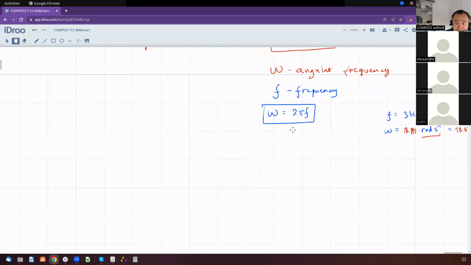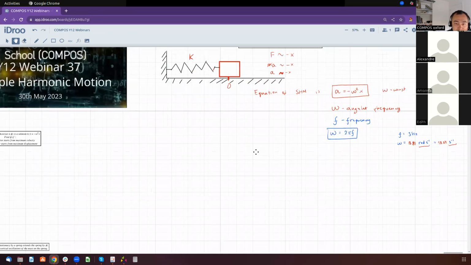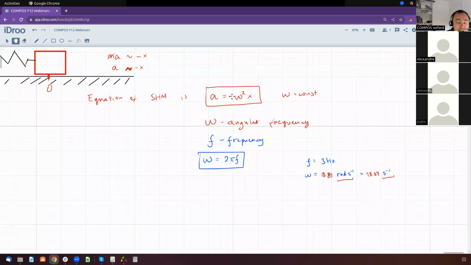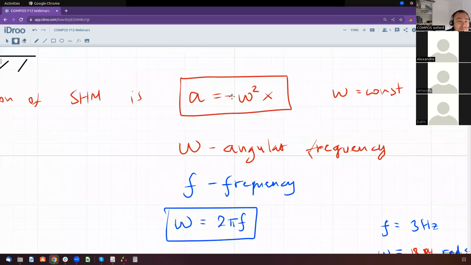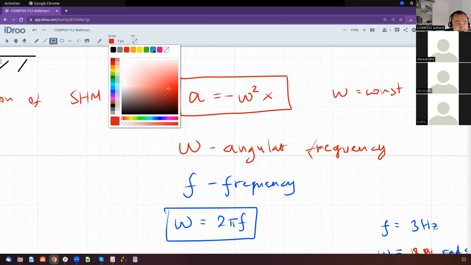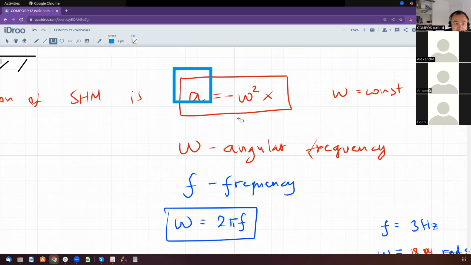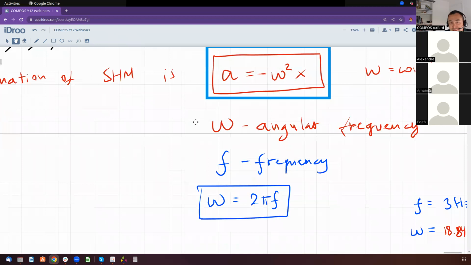Okay, so let's have a look at this equation, because this is a very important equation. It looks incredibly simple, but there's a lot of maths in here.